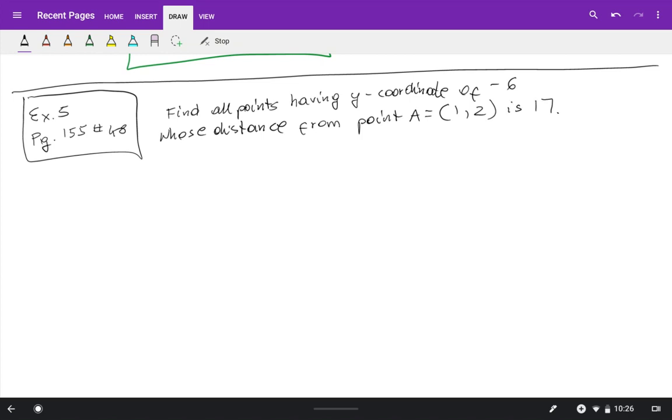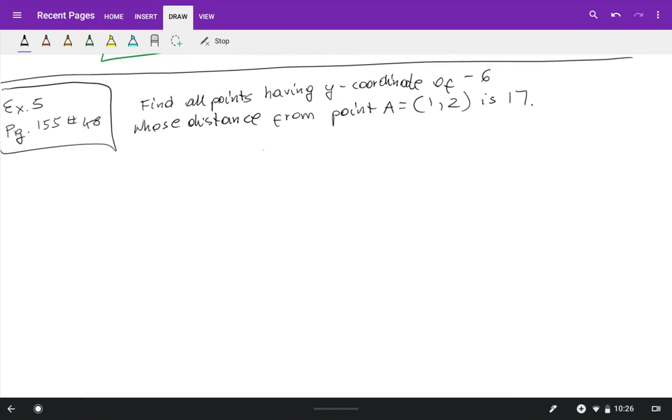So what I recommend is to graph it. See what is given, see what you have to find. Okay, so we have what is given. We have point A, which has coordinates 1, 2. This is point A, given.